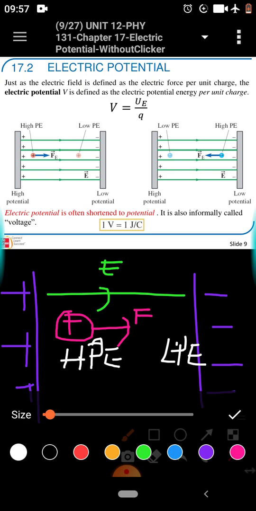Hence that's why the movement is in this direction. You can see that here is a region of higher potential.